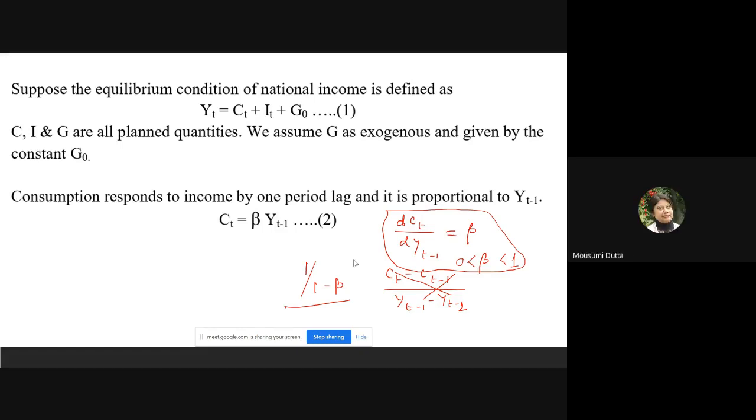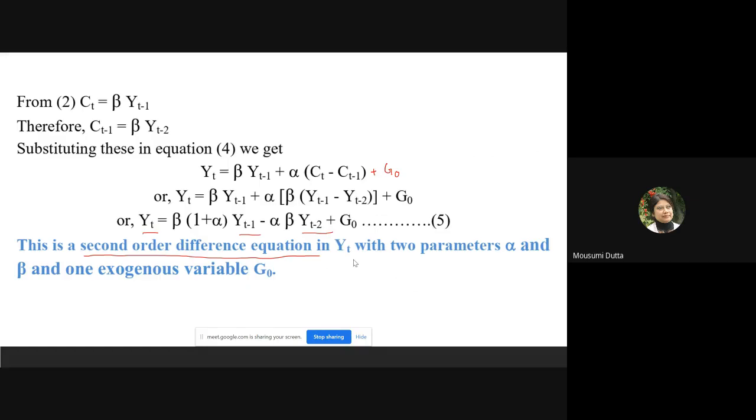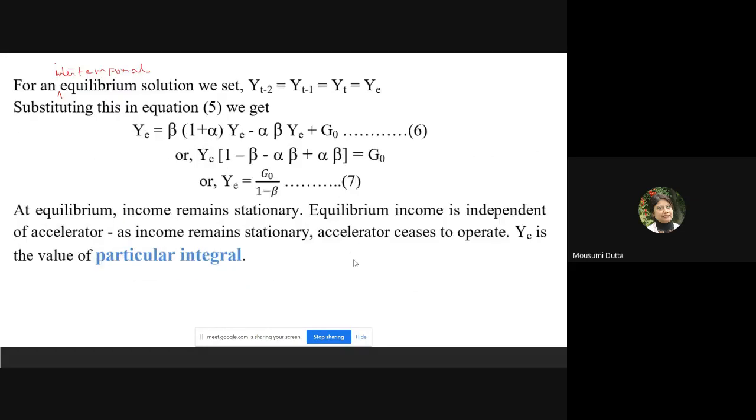While you are writing Samuelson's model, you don't need to explain all these matters. You only need to understand beta will lie between 0 and 1. That's all. Because at the equilibrium level, you are getting the value 1 minus beta. If I follow the strict inequality, YE is a positive amount. That I want to mention.